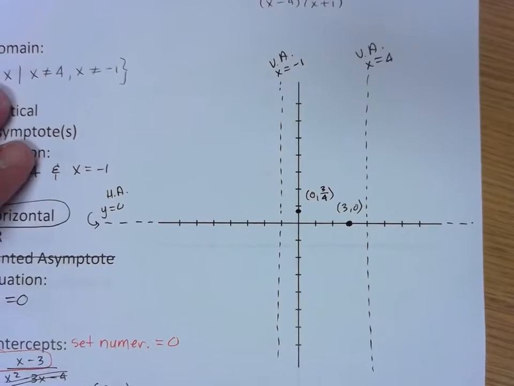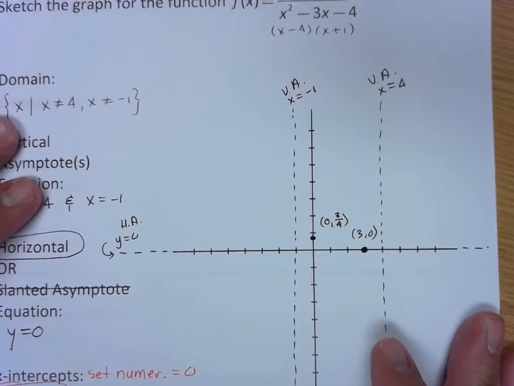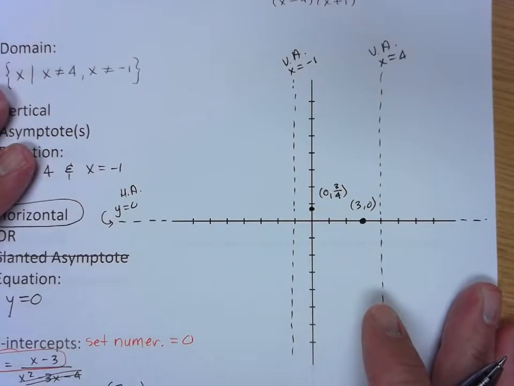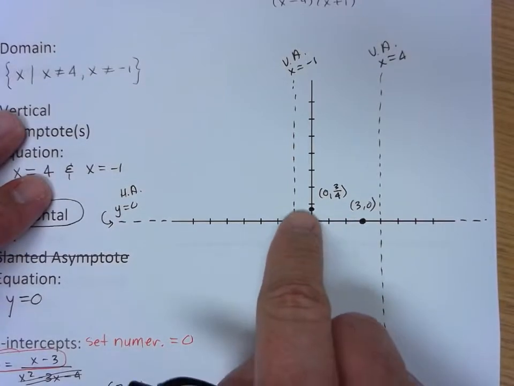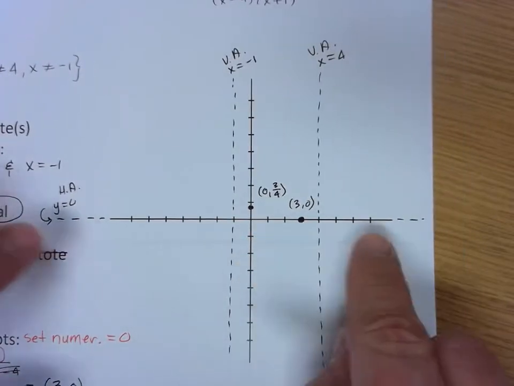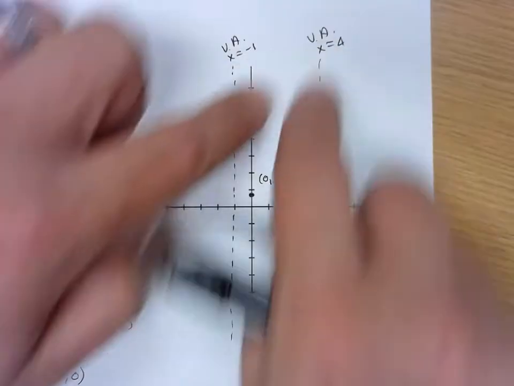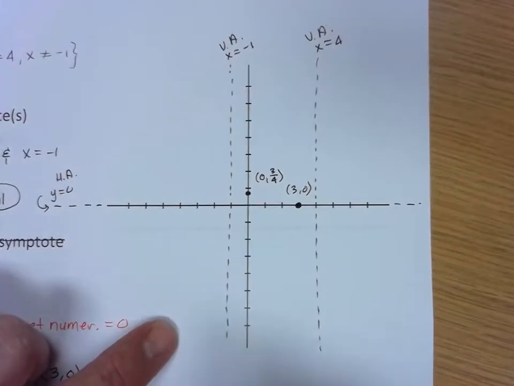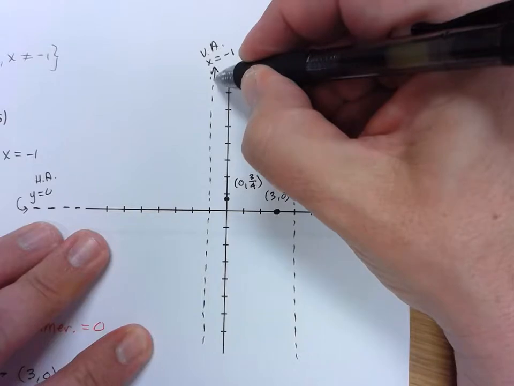Okay, now that's all the information we've got. So if you need to refer to the calculator graph, you can go ahead and do that to help you piece everything together. Based on these 2 points, though, and based on the way that I know that the graph's going to be close to this line on the left, and it'll have to be coming from positive or negative infinity on these vertical lines, I'm pretty sure the middle part of the graph is going to look like this.